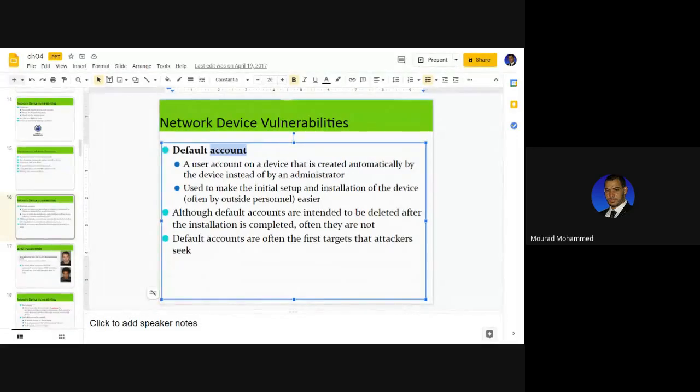You go to UAE, the United States, Saudi KSA, wherever you go, it will be authenticated using the same credential, the same username and the same password. Because of this, they are said to be default accounts. They are perilous, and they are a vulnerability issue for the network.